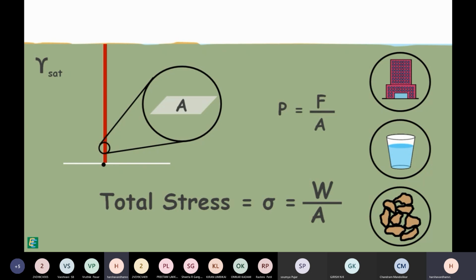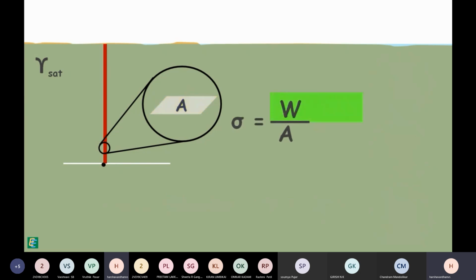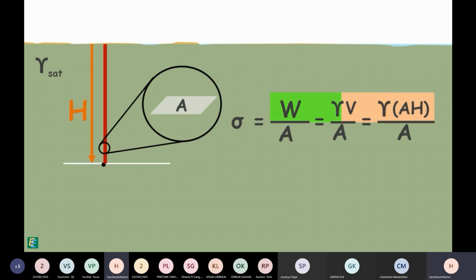Here, let's say the area over which the weight is acting is capital A. So the weight of the soil above this point will be the unit weight of soil multiplied by the volume of the soil, which is the area multiplied by its height. It can be simplified to this. In our case, we have taken the unit weight of soil as the saturated unit weight.